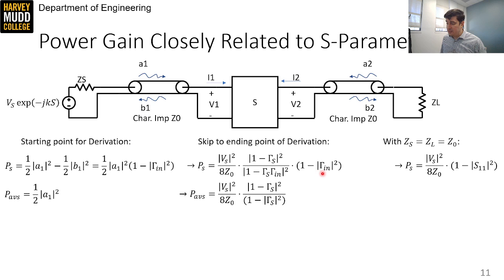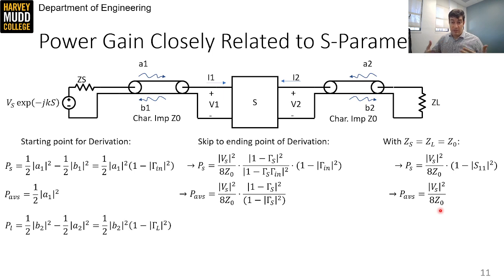And so this gamma in squared turns into a gamma S squared. This gamma in turns into a magnitude of gamma S squared. And we can cancel a bunch of stuff to wind up with this expression. Then when we match the input and the output, we get back to a nice pure expression saying that the power available from the source is basically A1, the power that we're launching onto the line.